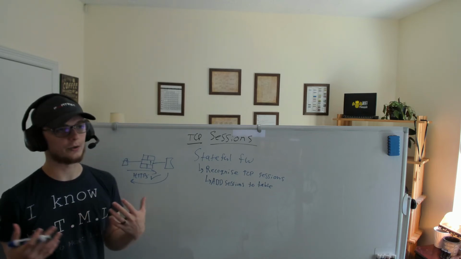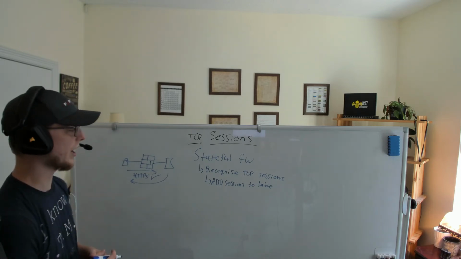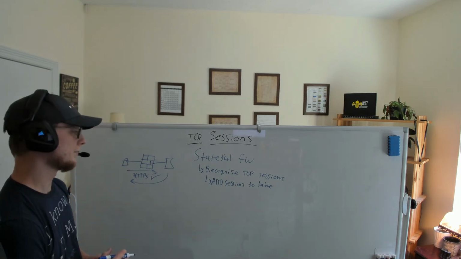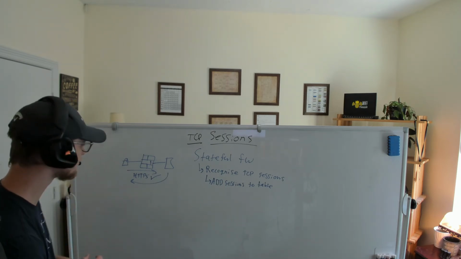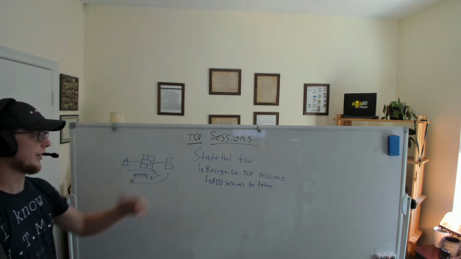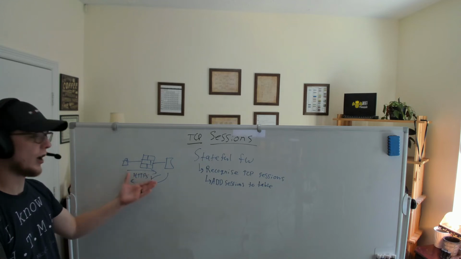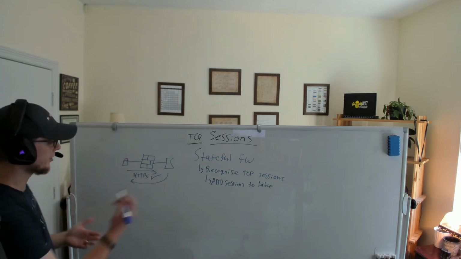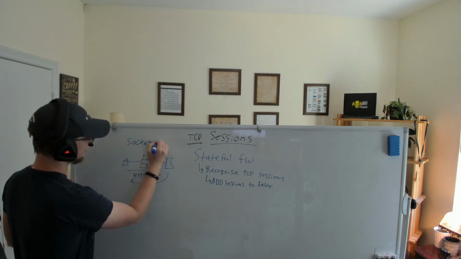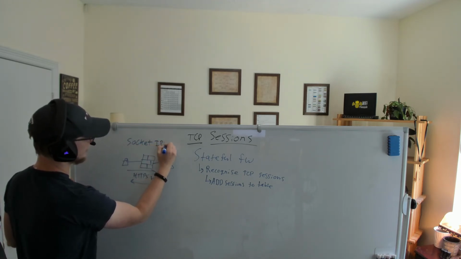Well, that was the case with routers that are not stateful and don't have these stateful database tables. But with a session-based firewall or a stateful firewall, we can actually keep track of the states of the sessions. And what we're doing is we're keeping track of the socket. The socket is the IP and the TCP port.